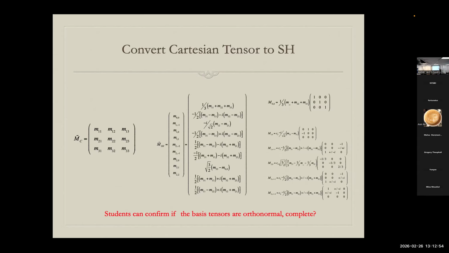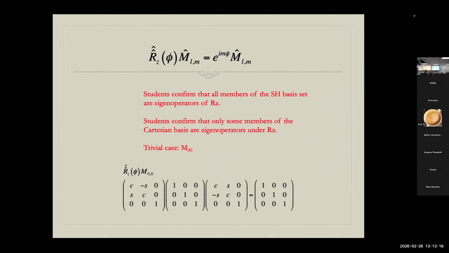This is an angular momentum of 0. These are some angular momentum 1 objects, and these are some angular momentum 2. So you're basically projecting that on M, and you're going to get this coefficient, so that's what you put in that entry. So we're just rewriting the matrix. Instead of one matrix, we now have 9 matrices, but they're all beautiful, well-behaved objects.